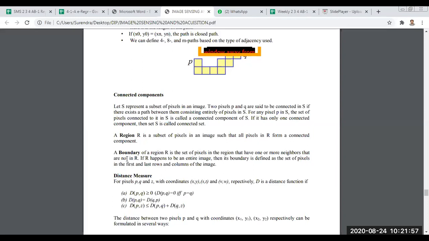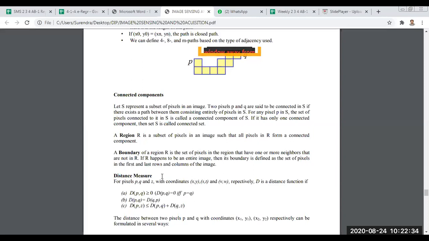Similarly, what is a boundary? A boundary of a region R is a set of pixel values that have one or more neighbors that are not in R. Consider two subsets in one image: this is subset 1, this is subset 2.